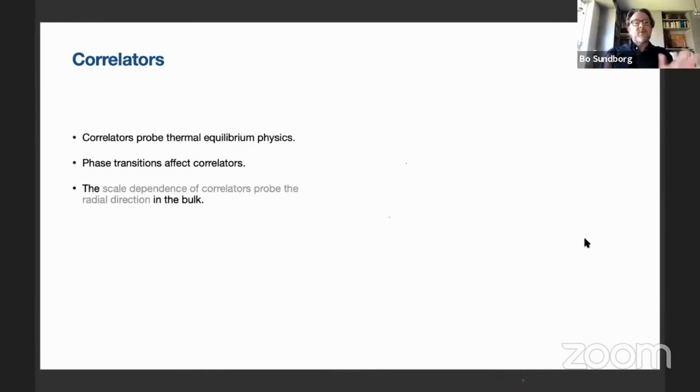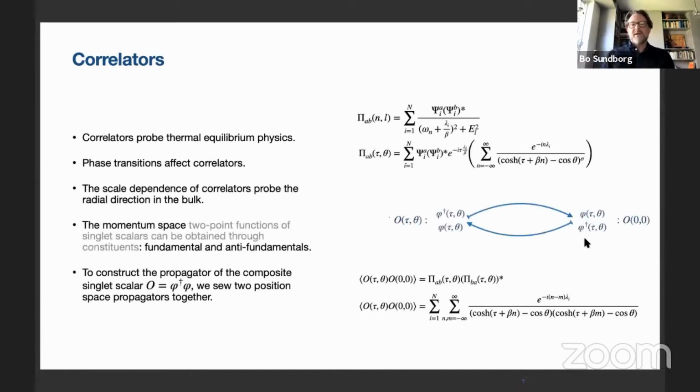So with this information, we can go on to calculate correlators that probe the thermal physics at equilibrium. Note then that scale dependence of correlators, as always in holography, probes the radial direction in the bulk. All right, so we're ready to do some calculation. Momentum space 2-point functions of singlet scalars can be obtained through the constituents, scalar quarks, so to speak.